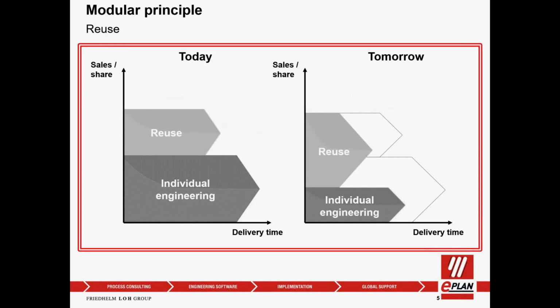So here we have an example. To achieve the goal of minimizing your time and cost and maximizing your quality, you have to increase the reusability, and you also have to minimize the individual engineering. Obviously, by increasing the reused data, we can start to minimize the level of engineering that is needed. All right, so this is what we're trying to achieve here.